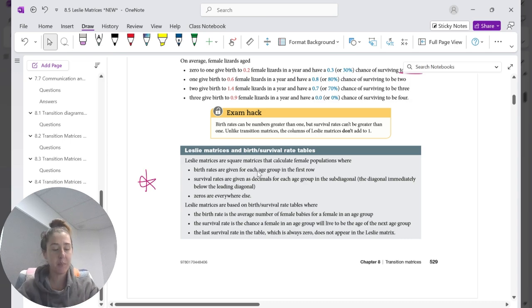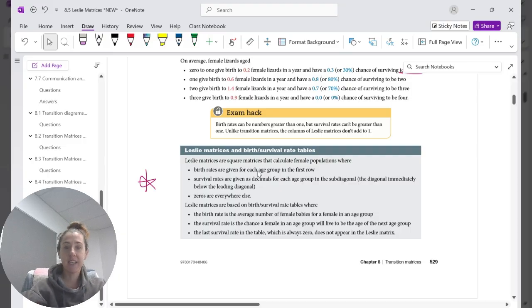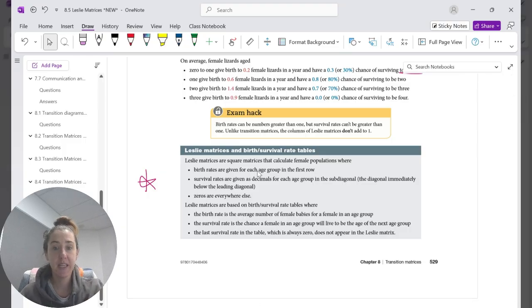So remember when we're talking about that birth rate, it's only going to be births of females. Birth rates are given for each age group in that first row. And then the survival rates are given as decimals for each age group in the sub-diagonal, that diagonal that is immediately below the leading diagonal. There are zeros everywhere else.